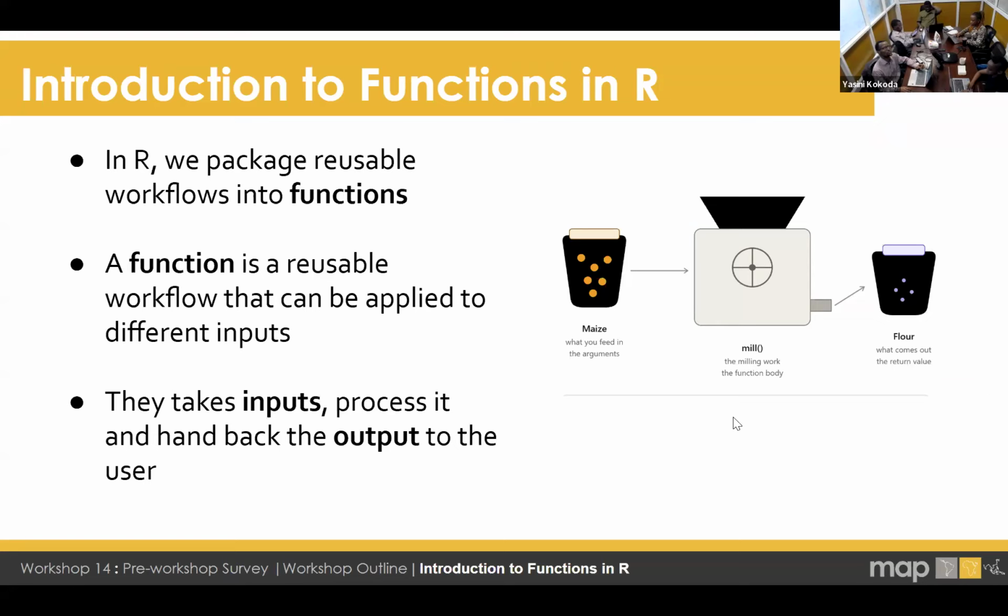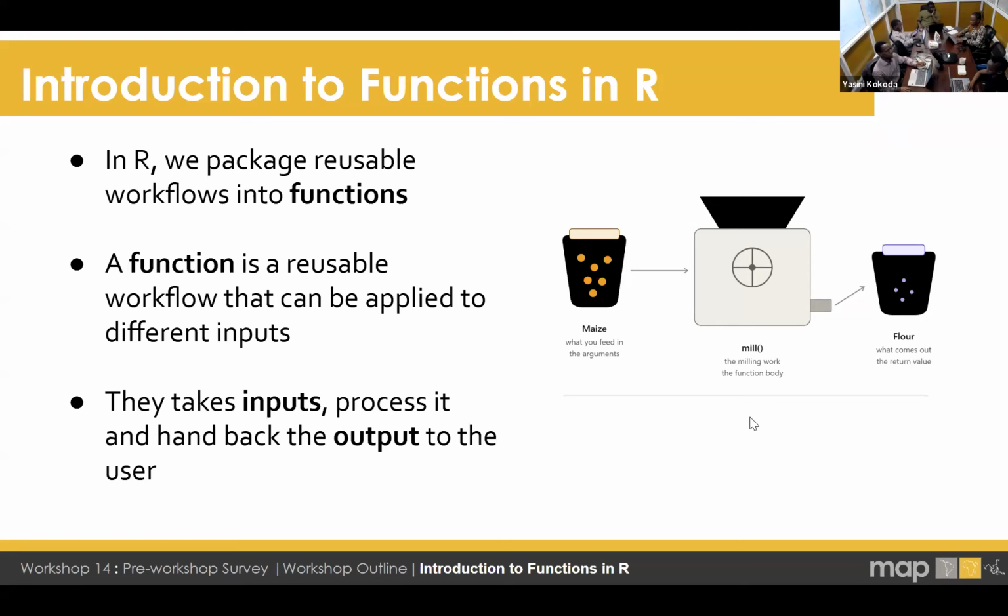Another example would be a vending machine. If you understand vending machines, you put in the money, you select the thing you want, let's say snacks, and how the machine works is mechanically incorporated in the machine. Eventually you get what you want as the output.